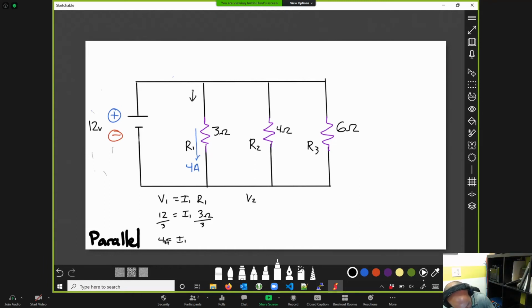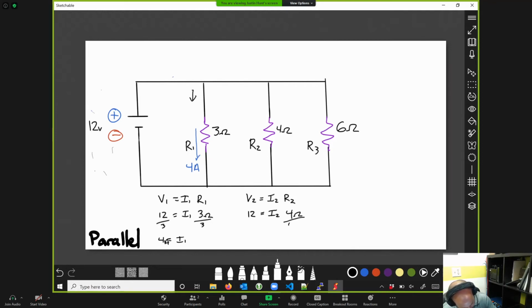So V2 is equal to I2 times R2. This is resistor 2, this channel that we're looking at right here. And we know still 12 volts is equal to, we're trying to find the current, and the resistance in this section of the circuit is 4 ohms.